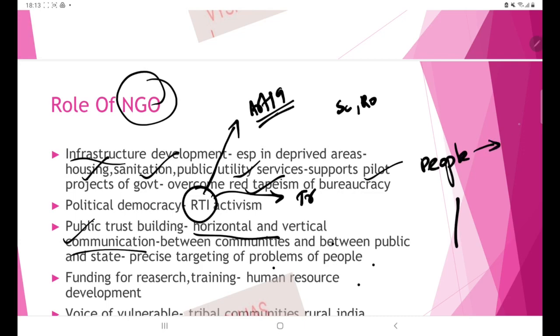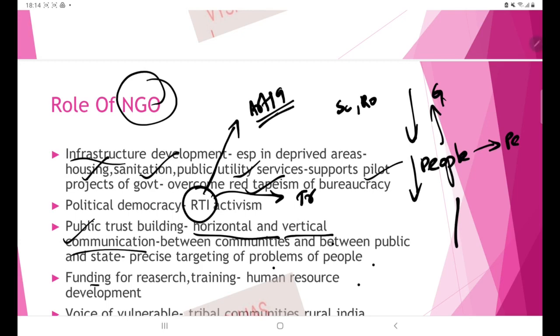It is acting as a tool of communication and awareness to disperse information to people about their rights, about their welfare schemes, etc. And also vertical communication: NGOs are playing a very good role between the people and the government. So this is vertical communication. Okay, so it is an important functional aspect in India's democracy.